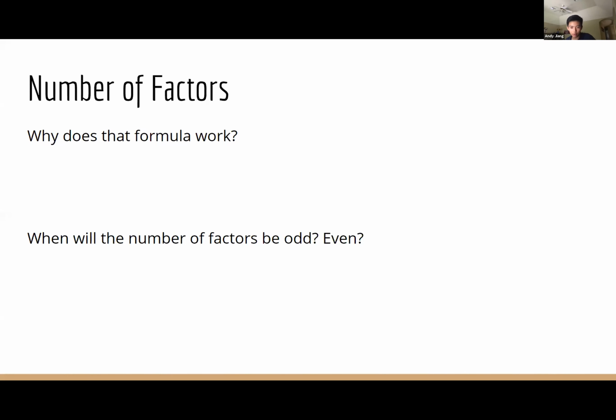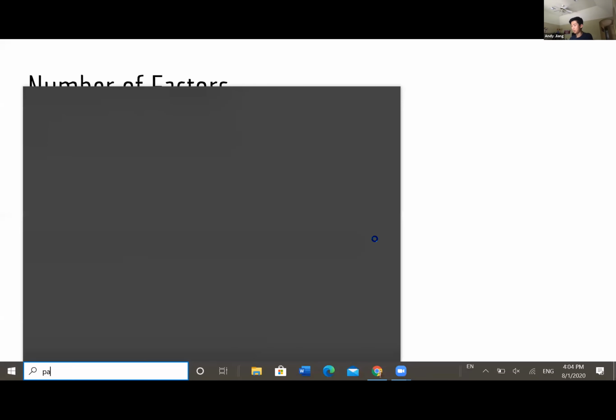So put in chat or Q&A, why do you think that formula works from before? Adding 1 to the exponents and then multiplying those together. And then once you're done with that, then try answering the second question, which I think should be easier. Let me pull up Paint real quick.